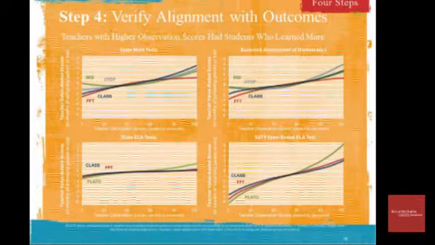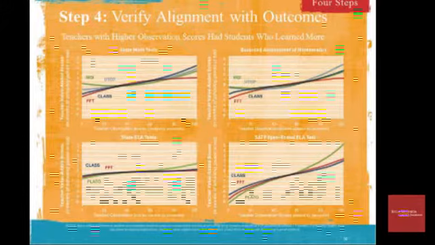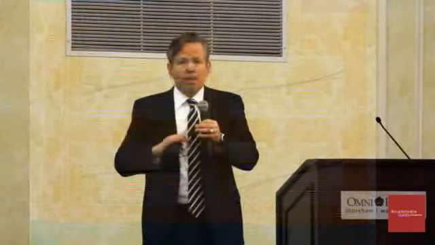I'm sure in some of them there were differences, but mostly when I looked at that, I saw similarity rather than differences. So each of the instruments had about the same relationship to these outcomes as the others.